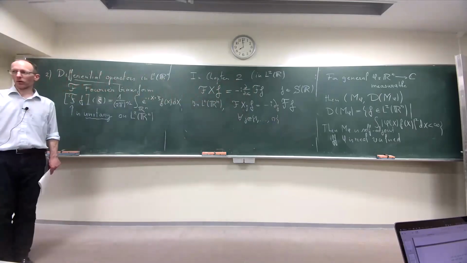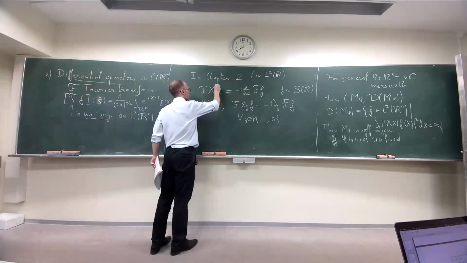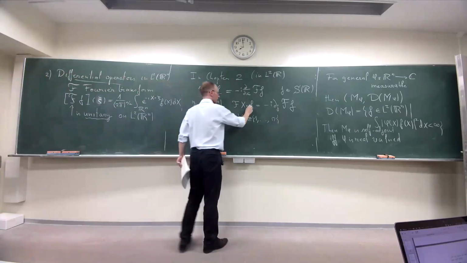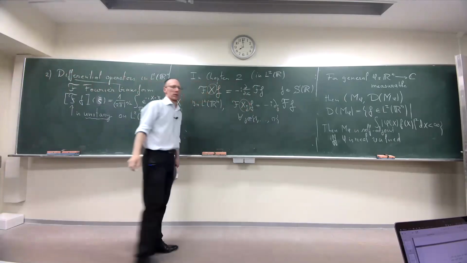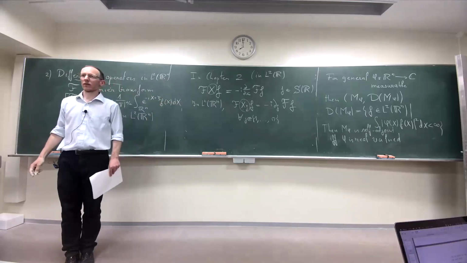So why do I recall this? Because I can play with this. This xj is a multiplication operator, just what I introduced.